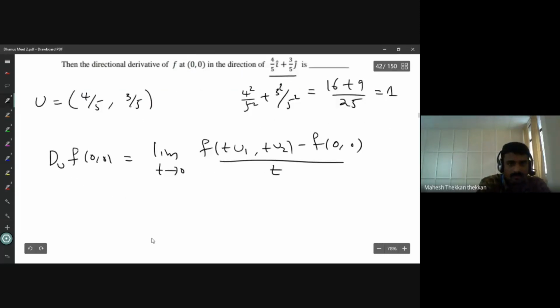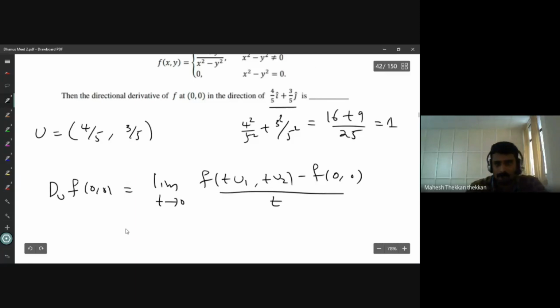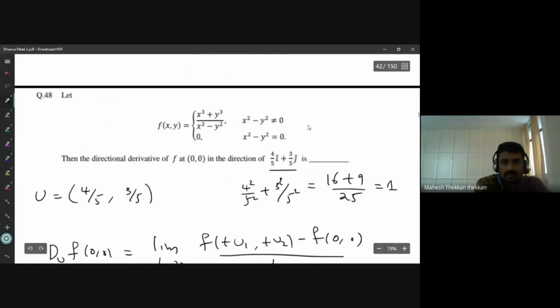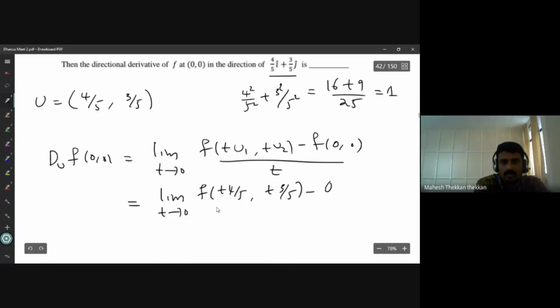So this will be equal to limit t tending to 0, f of (t 4/5, t 3/5) minus f of 0, 0, which is 0, right? Because that is the case, x square minus y square is equal to 0. Then divided by t.